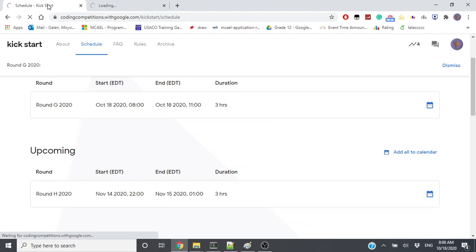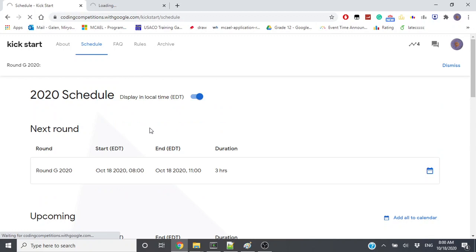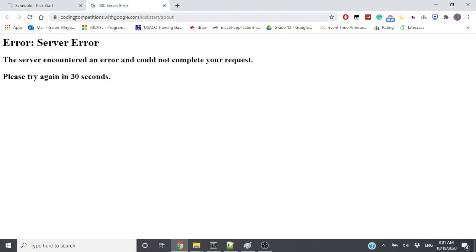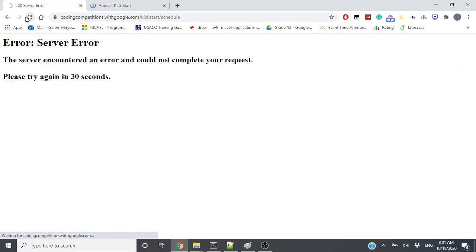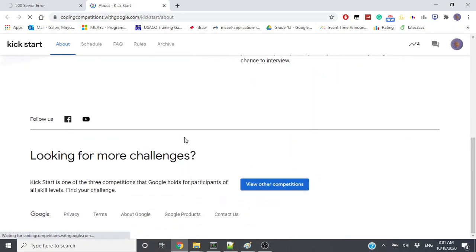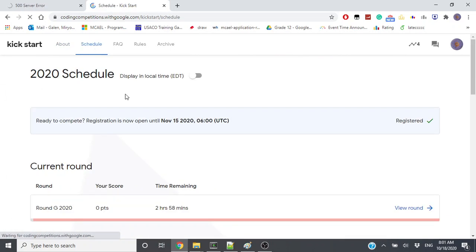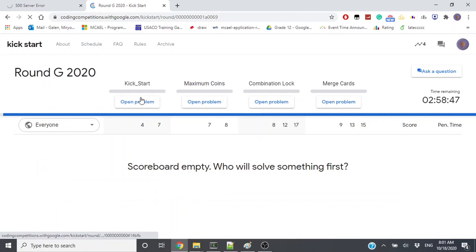Well, it's loading again. Don't really know what's happening. Is it loading the round, I guess? And then, oh, nice. That's fun. I guess it's loading the round. How do I actually get into it? Oh, there it is. Okay. Alright, we can open everything and get started.